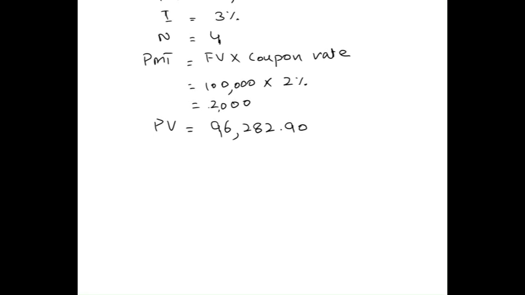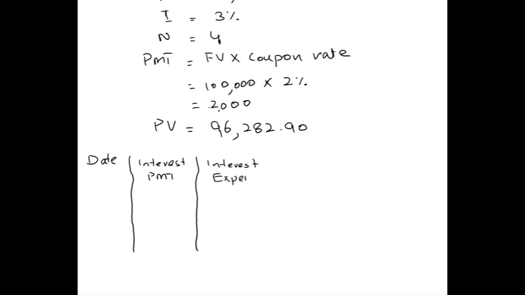So then you need to create one column for date, another column for interest payment, the next column for interest expense, the next column for difference, and then the last column for carrying value.